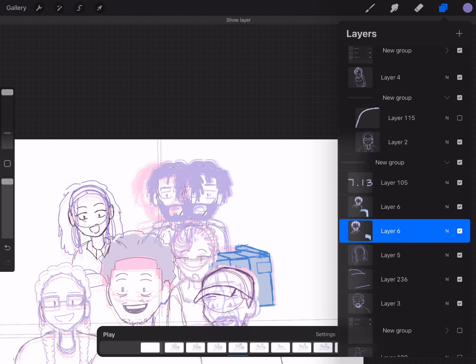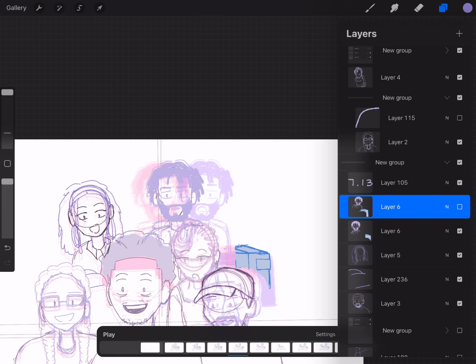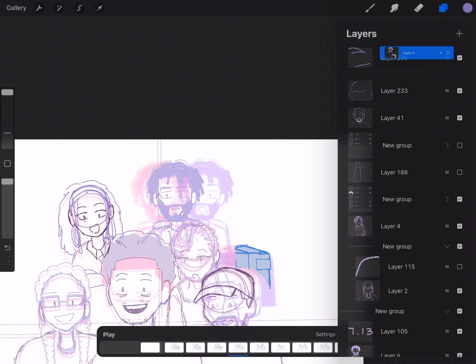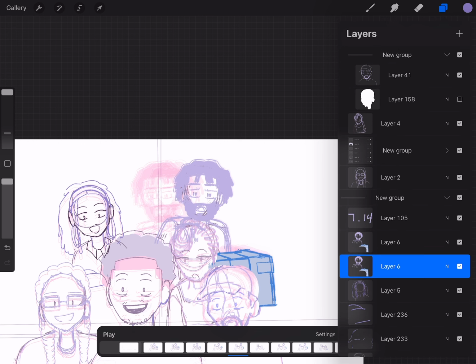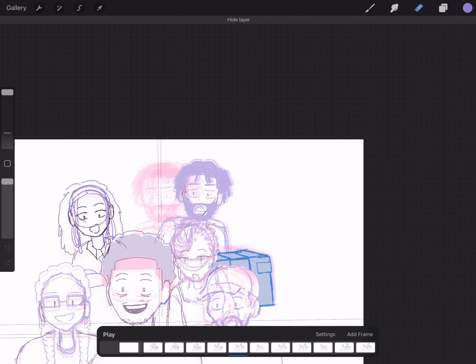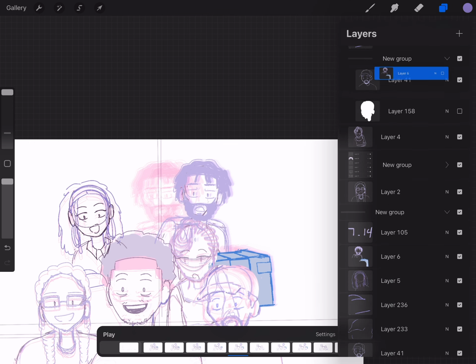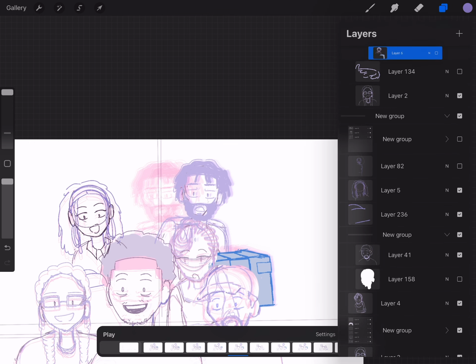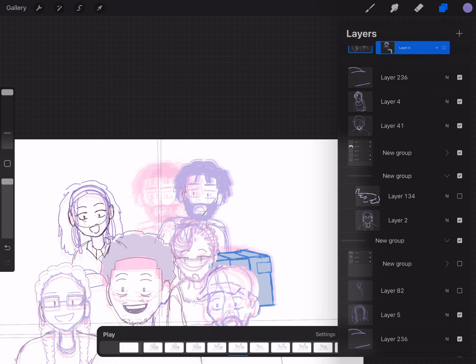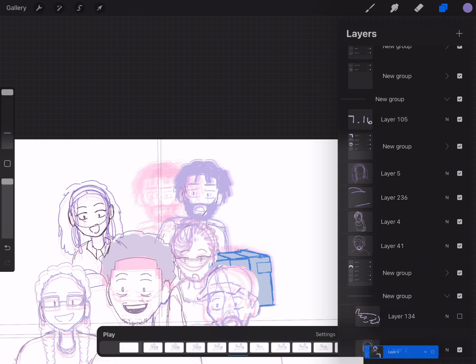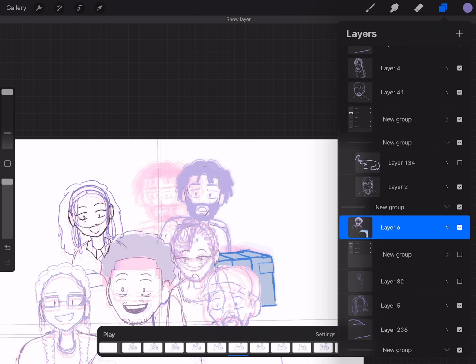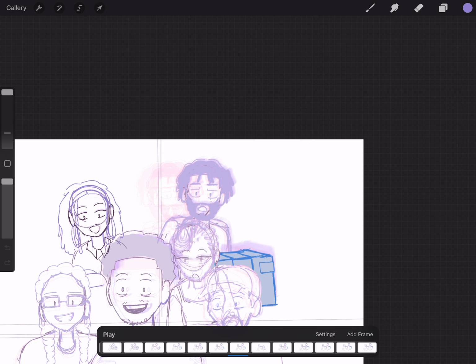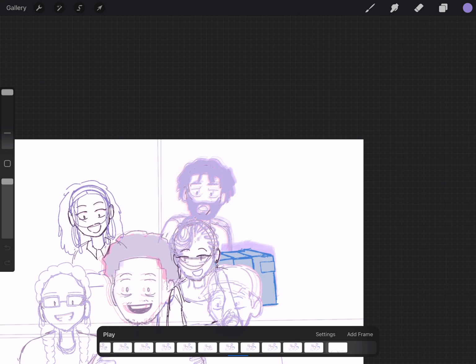More rearranging. And there's that second movement there.